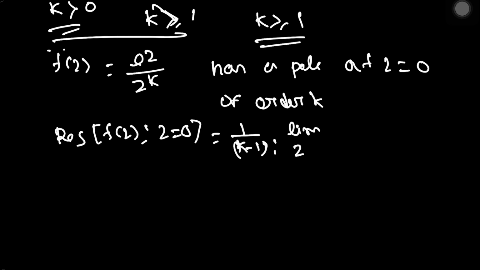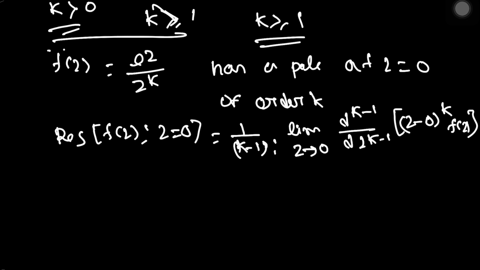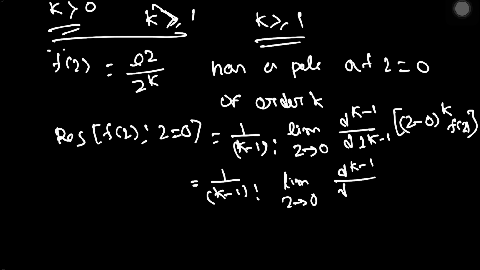limit z tends to 0 of the (k minus 1)th derivative with respect to z of (z minus 0)^k times f(z). So we get 1 by (k minus 1) factorial limit z tends to 0 of d^(k-1) by dz^(k-1) of z^k times e^z by z^k. This z^k cancels.